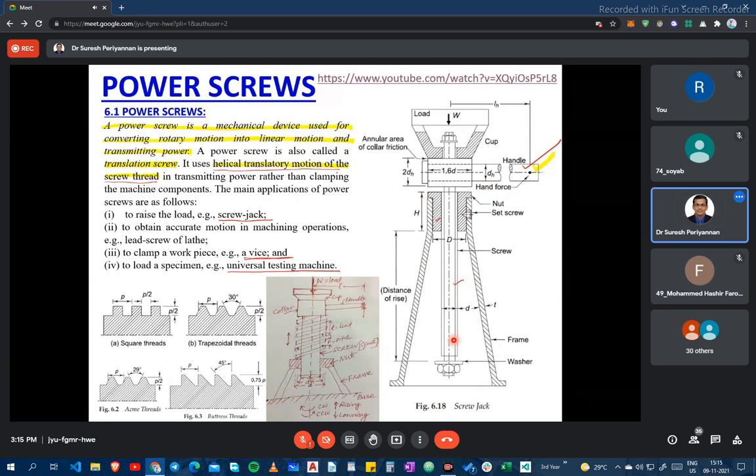Now here we are using different types of screws for power screws: square threaded power screws and trapezoidal threaded power screws. A square threaded power screw can be made with a lathe machine, but a trapezoidal power screw can be made with the help of a thread milling machine.